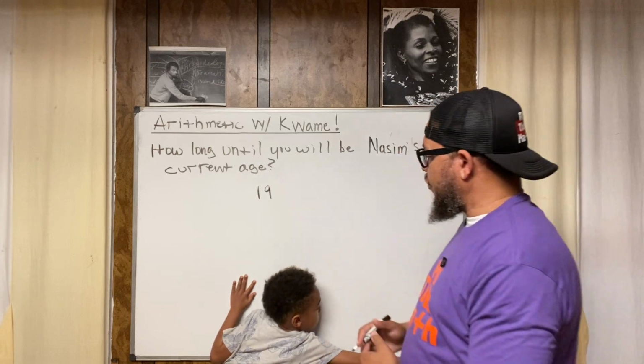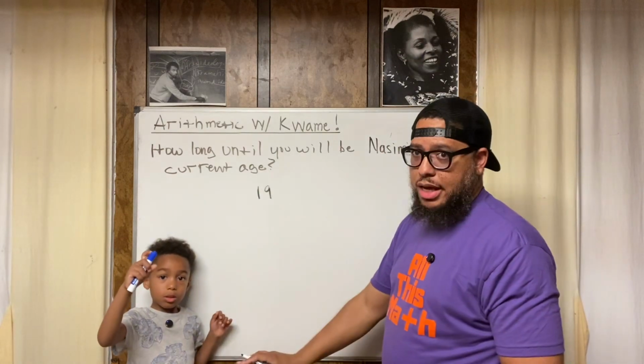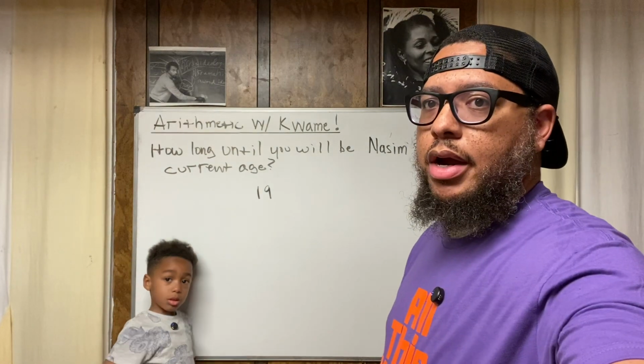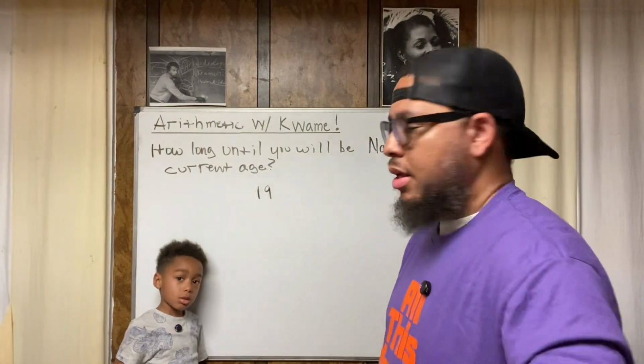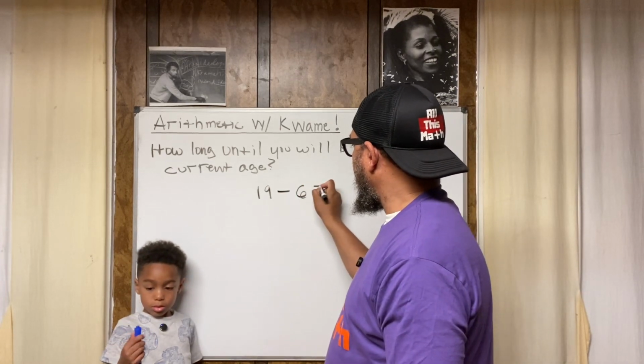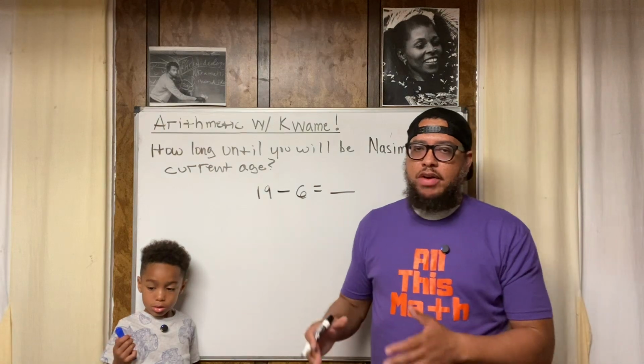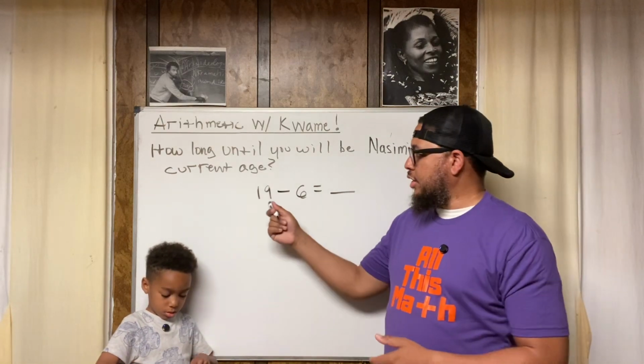If I'm trying to find the difference between Nasim's age and Kwame's current age, then I'm doing subtraction. So we're going to put our subtraction sign: 19 minus 6.